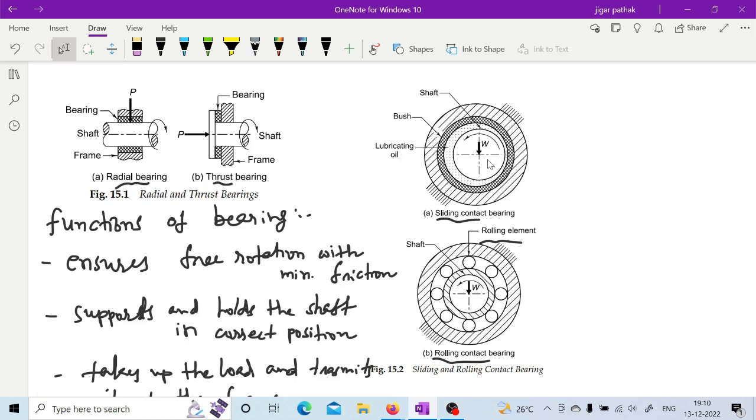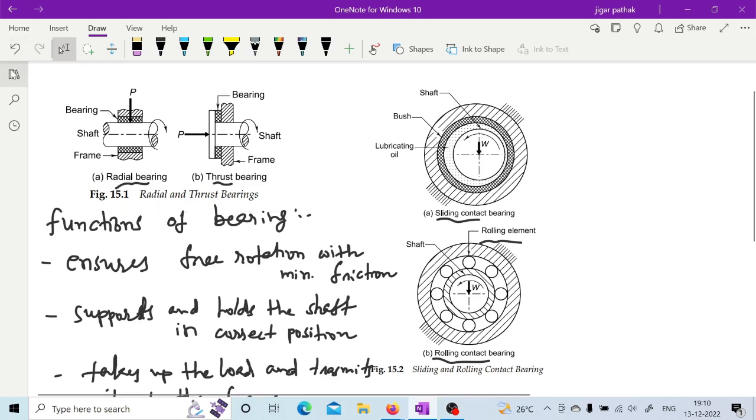The journal has a film of lubricating oil between the housing and the journal, so it allows motion without much friction between them. This is how sliding contact and rolling contact bearings differ.